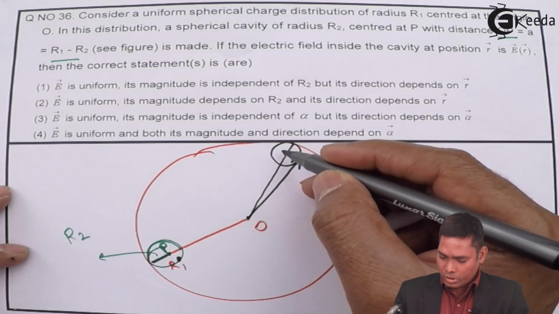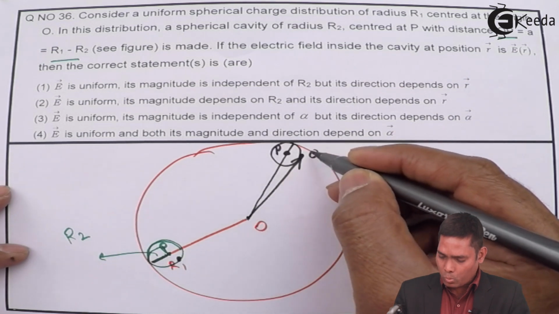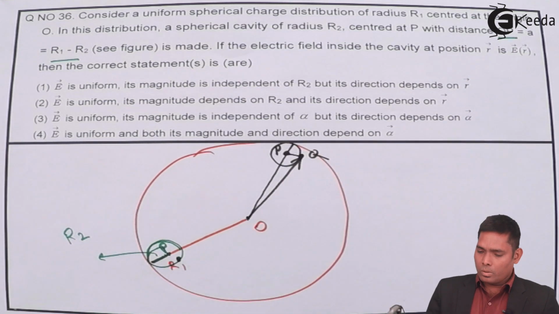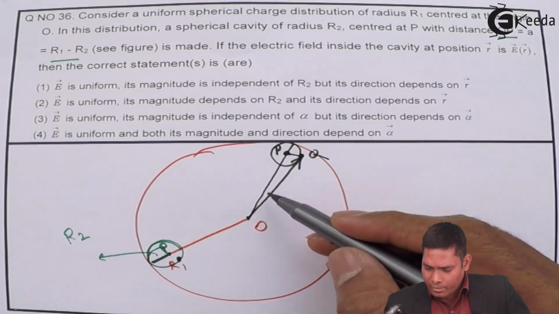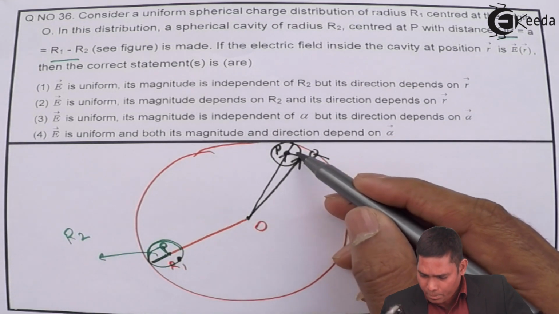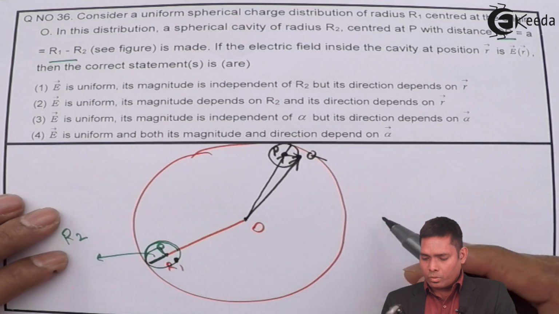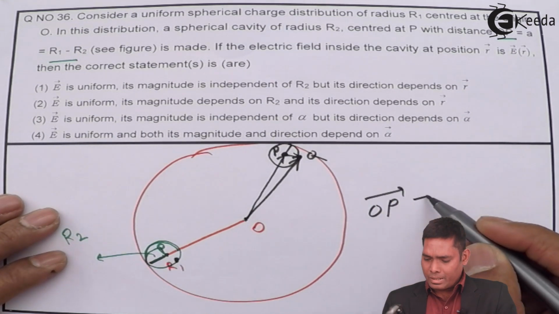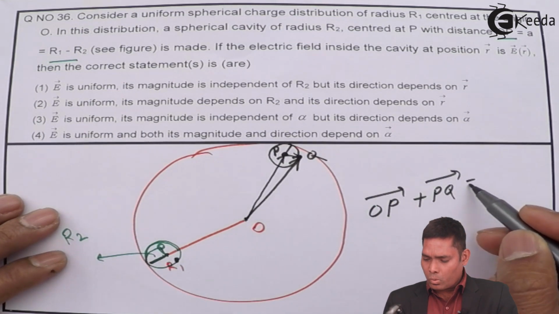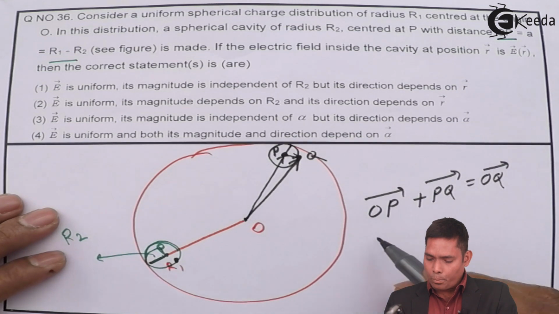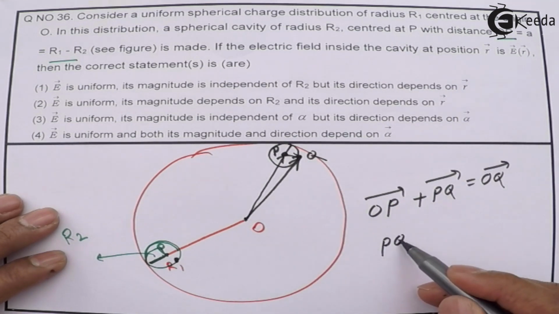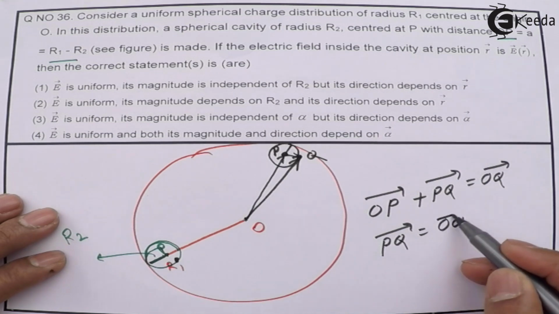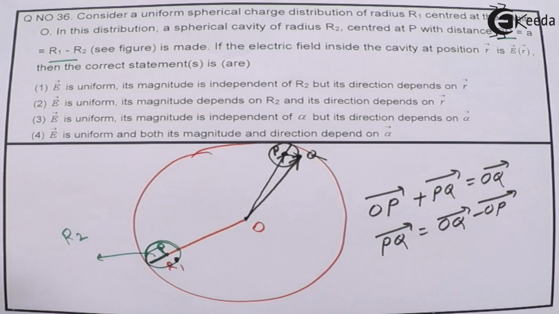This is O, this is point P, and this is point Q. Then vector OP plus vector PQ is vector OQ, so vector PQ is vector OQ minus vector OP.